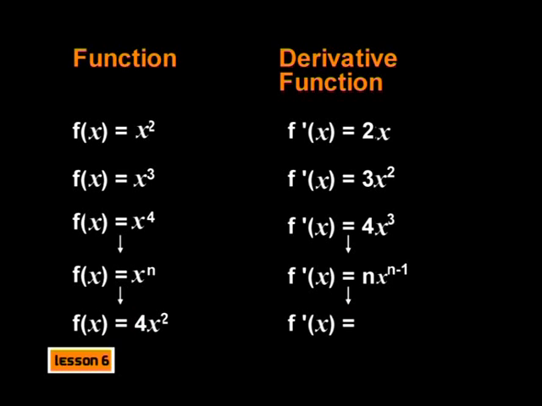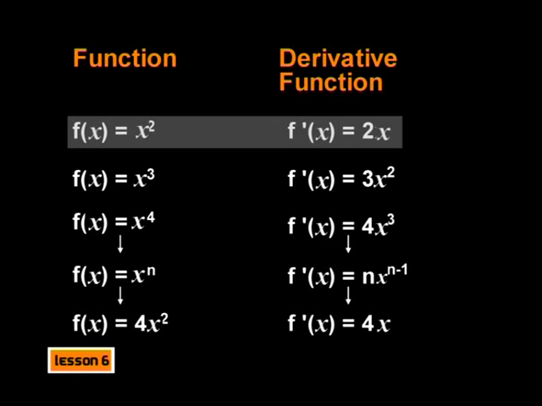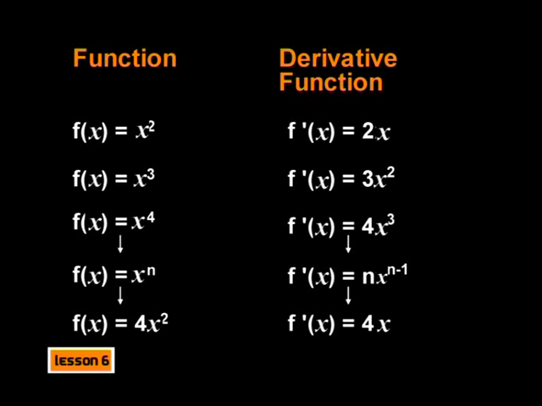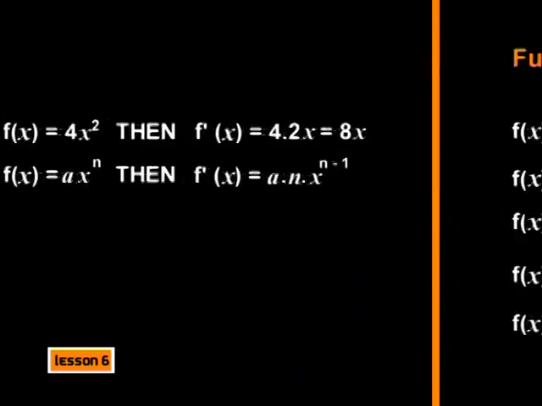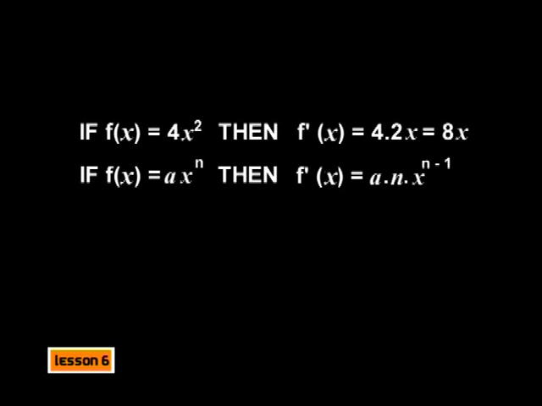You may not realize it, but actually we can simply say that the derivative is 4 times the derivative of x squared. 4 times 2x, which is 8x. In other words, the derivative of any constant a times x to the power n equals a times n times x to the power n minus 1. That is not too bad.